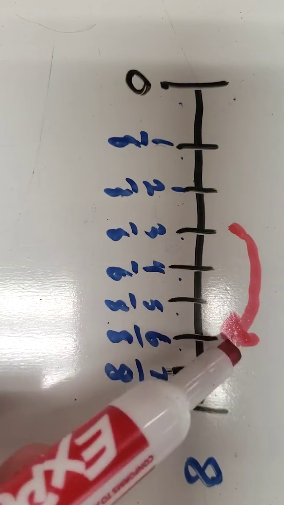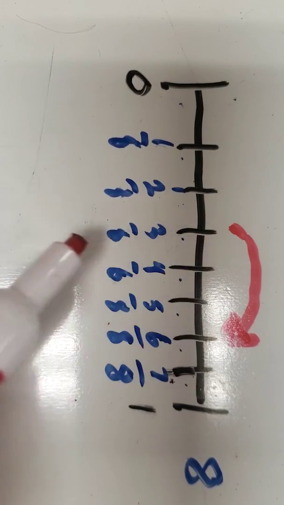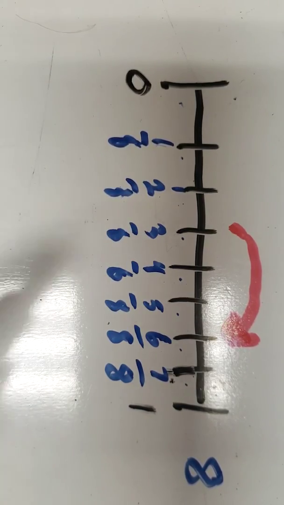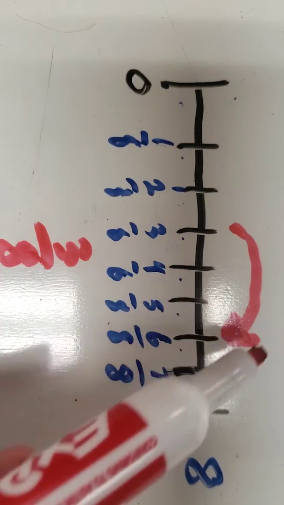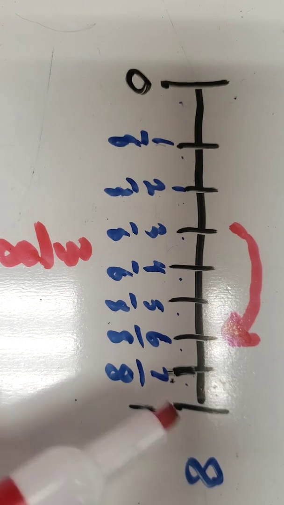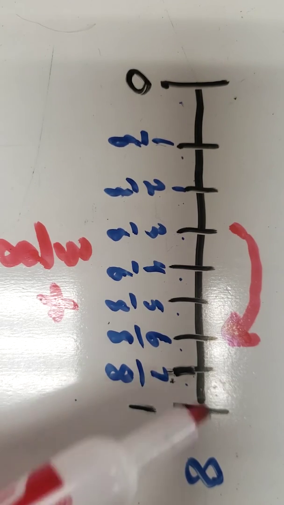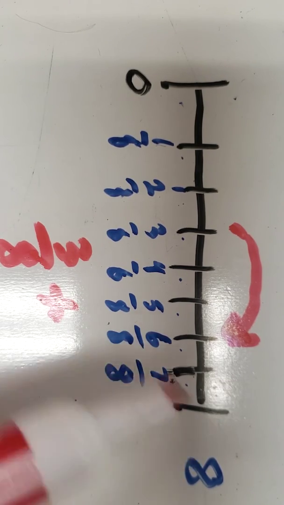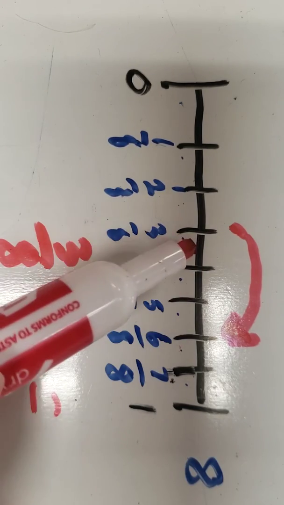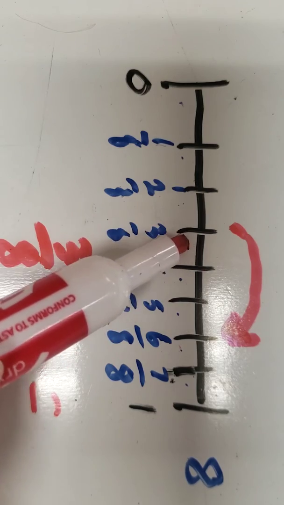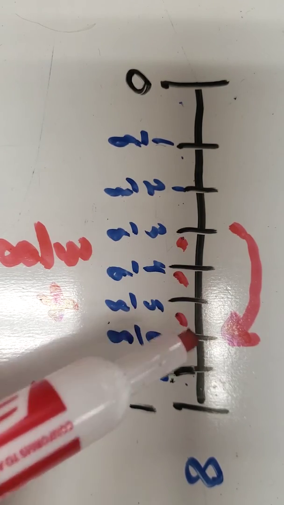So what that arrow is showing me is that the first number in my addition problem is going to be 3/8. Then because my arrow is going to the right, I'm going to be adding however many there are here. So from 3/8, I'm going to go 1, 2, 3.